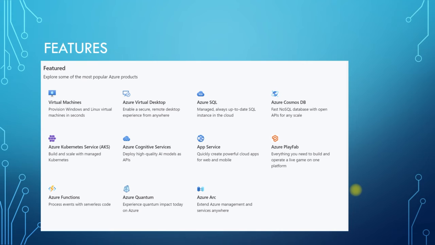You can experience quantum impact on today's Azure because we know quantum is the technology for the future, so we need to prepare for that as well. Next, we have Azure Arc. Extend Azure management and services anywhere with the help of Azure Arc. So these were some of the most common, well-known features of Microsoft Azure.